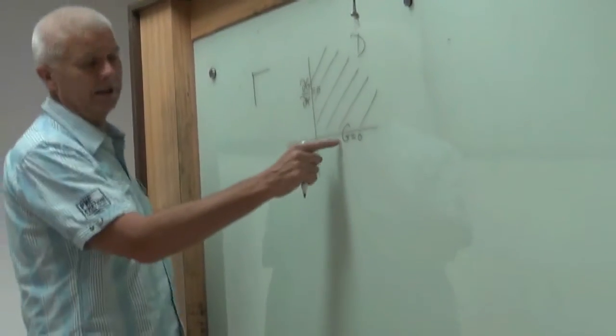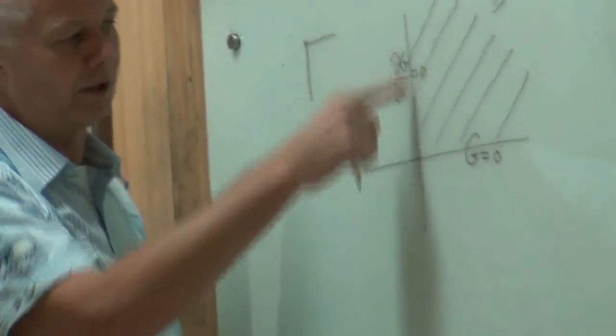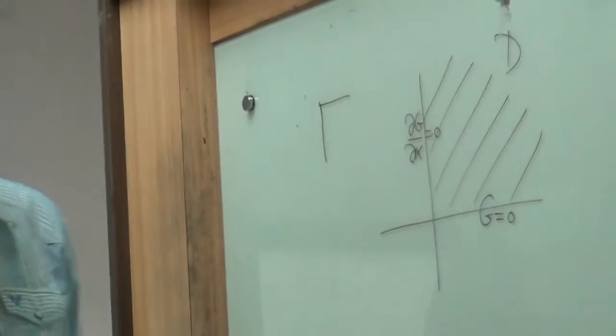Yeah? So in physics it means here you describe the temperature and here you describe the heat flow. So here the heat flow is 0, here the temperature is 0.